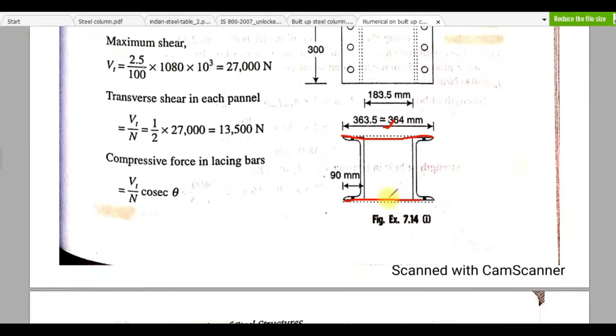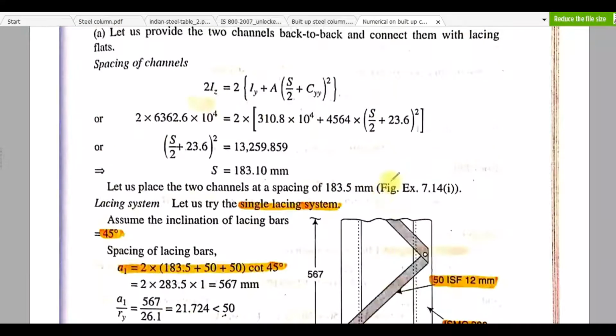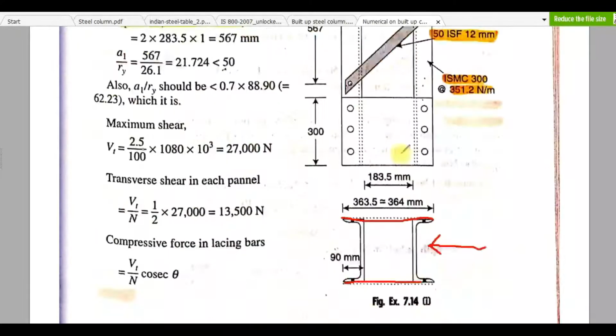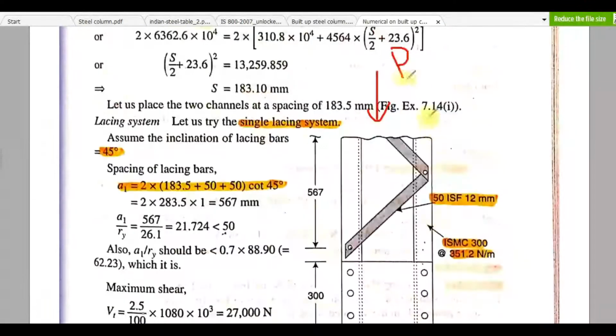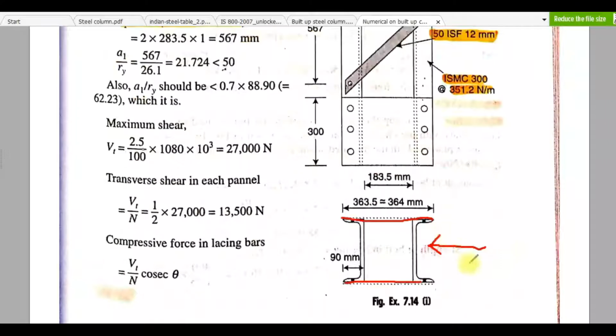Now this clause is saying that a transverse load of 2.5% of the axial load will act in this direction. That means this column will be subjected to a load of P, and this transverse load will be 2.5% of this P, and this load will be shared by this plane and this plane.